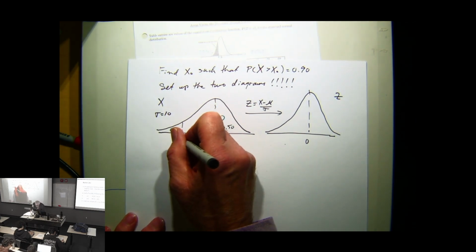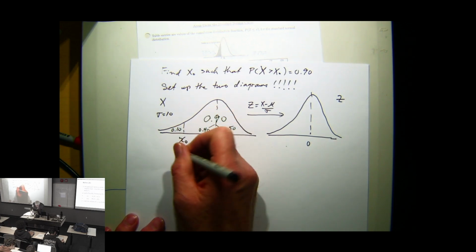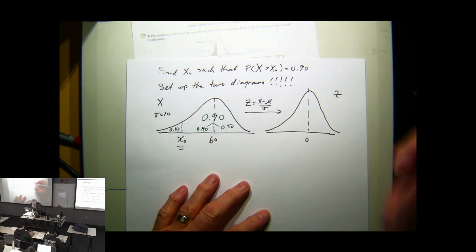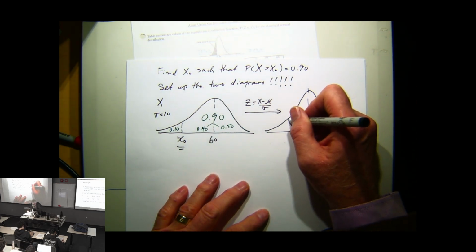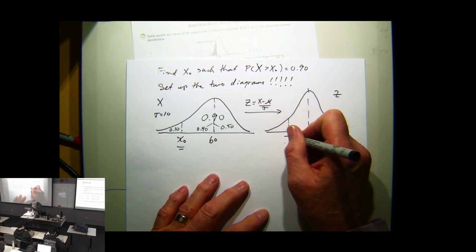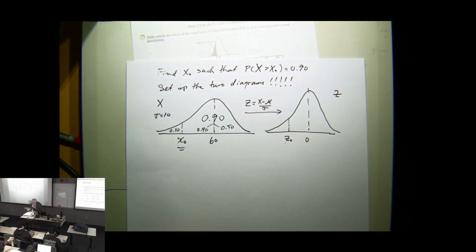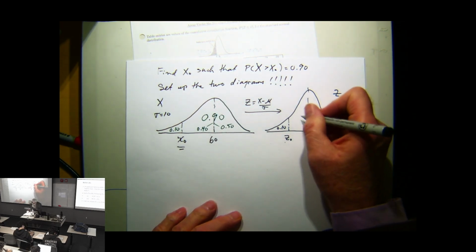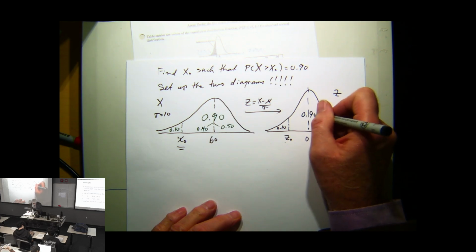Okay, so this is the key thing. Here's your X naught right there. Okay, so how are we going to solve this? Well, when we go to the standard normal table, there is a Z naught such that there's 10% in that tail and 90% above it.